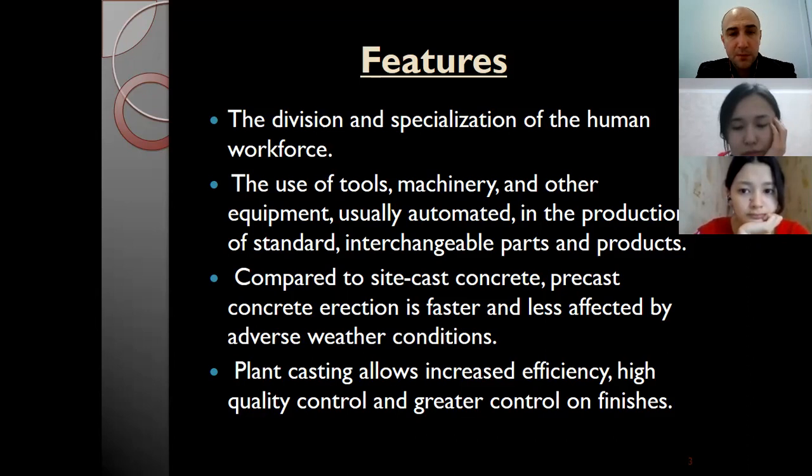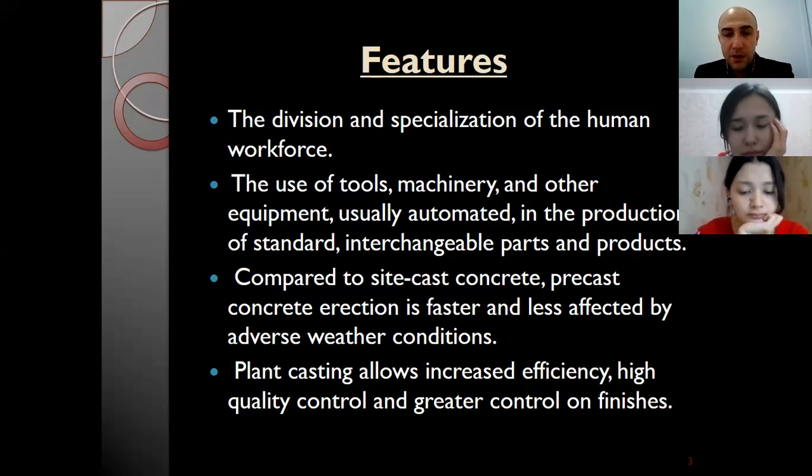The next feature is financial saving. It can be called one of the greatest advantages of prefabricated construction.